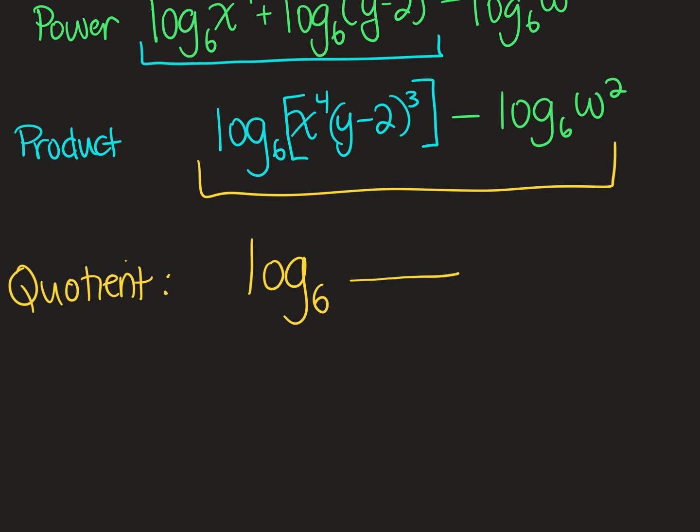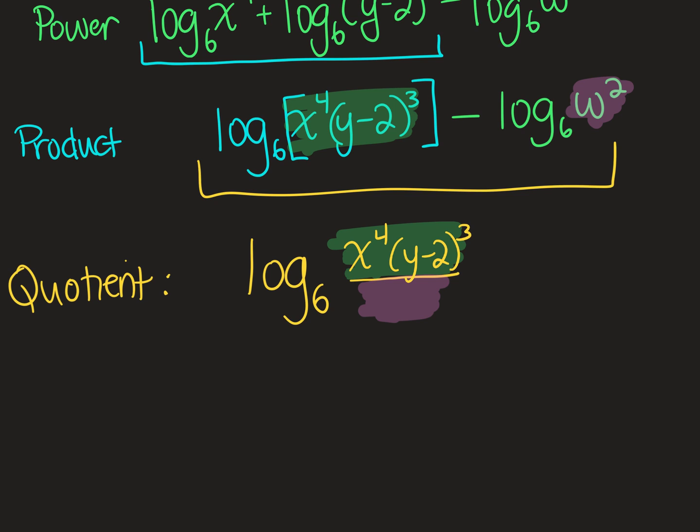That fraction takes whatever is in the first logarithm, this entire expression, and puts it in the numerator. Whatever's in the second logarithm goes in the denominator. So I'm going to have in the numerator x to the fourth times y minus 2 cubed. And in the denominator, I'm just going to have w squared. Now, if that looks really messy, just like I did in the one above, put some brackets around it to indicate that that whole thing is what's inside our logarithm.